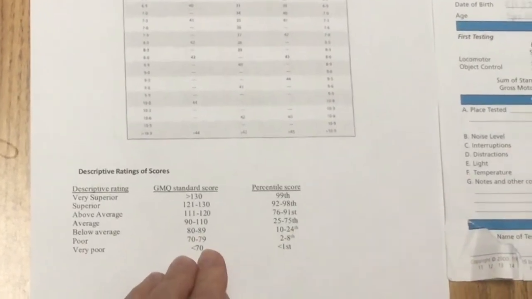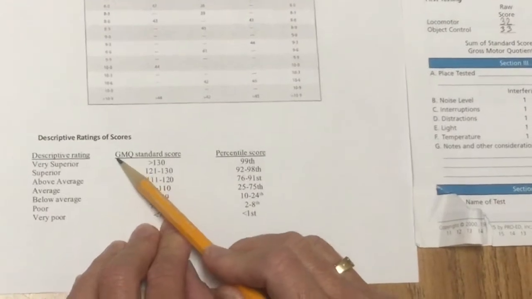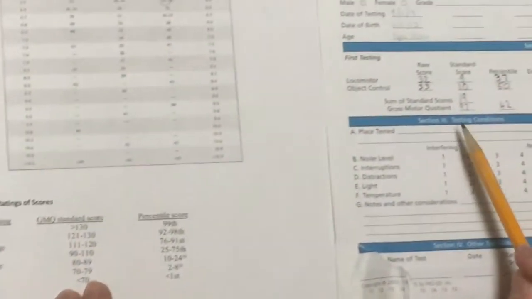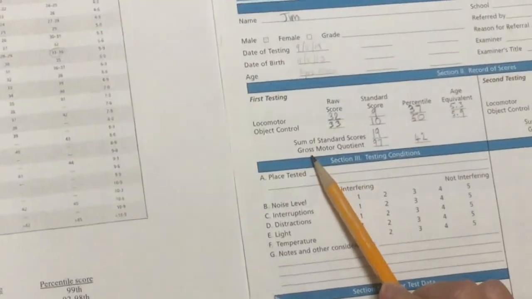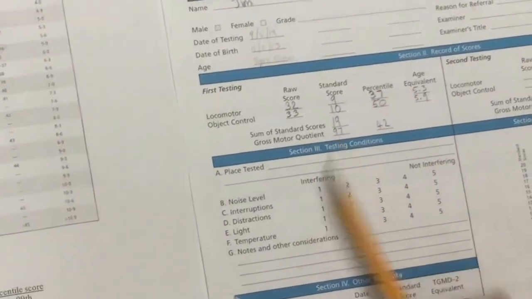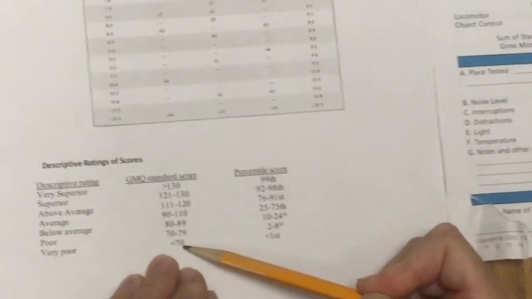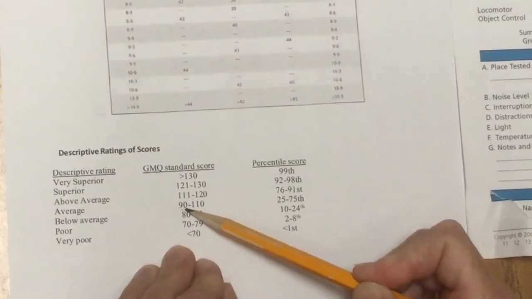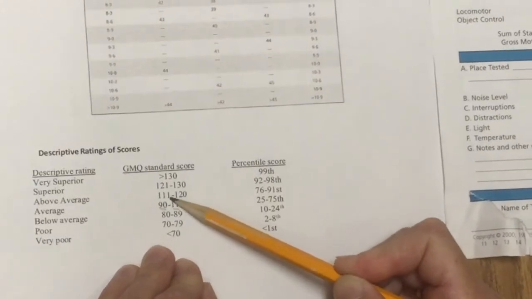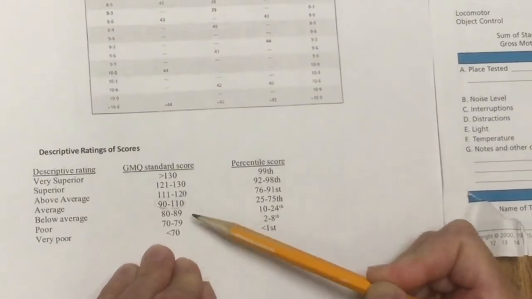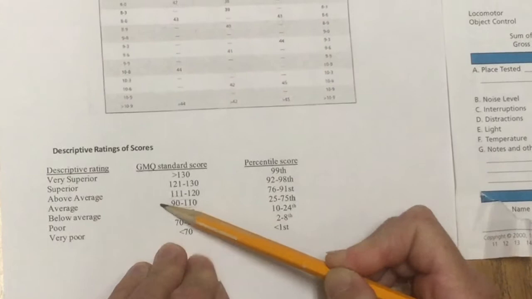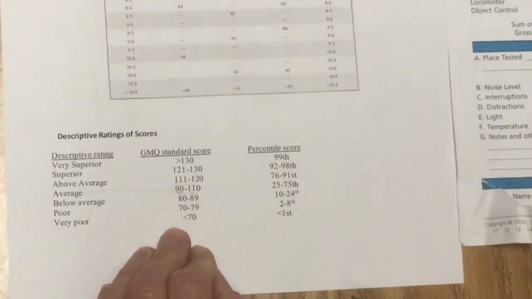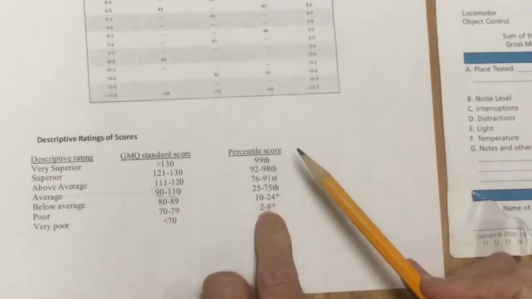So what we're going to do in this case, we're going to take the gross motor quotient that we have for little Jim. So Jim's gross motor quotient was 97. I'm going to look and find his range here. So he has a range between 90 and 110. So he falls between here, which means he's average.